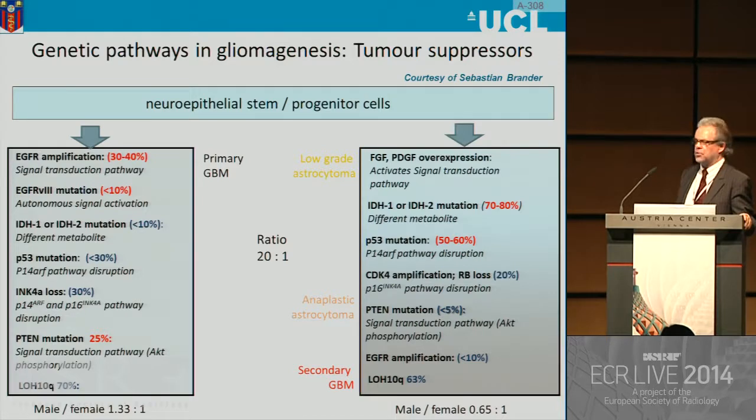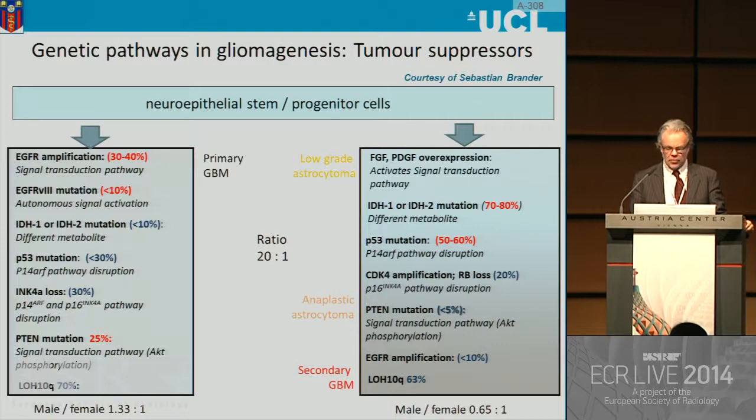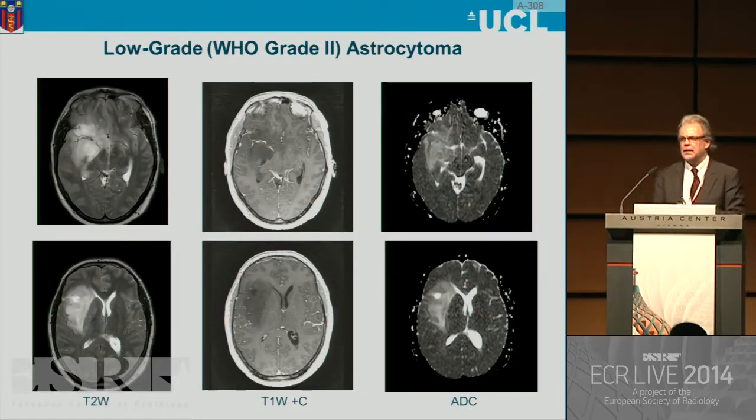Now, the vast majority arise de novo, and they have some typical features like EGFR implications and so forth. There are now imaging correlations with different gene defects, but it would be too much in this talk to go into that.